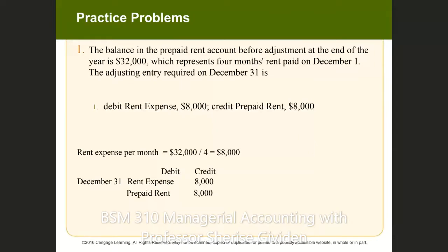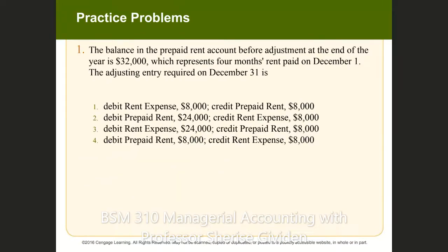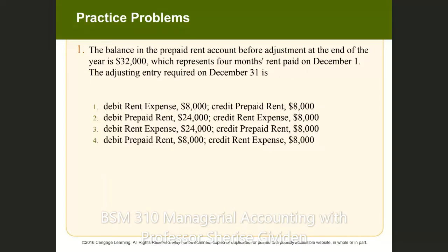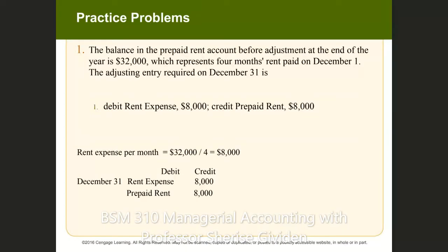So we're gonna debit our rent expense and credit our prepaid rent to take that 8,000 out. That was number 1: debit rent expense, credit prepaid. Okay, I got it backwards. Yeah, that makes sense, not number 4.